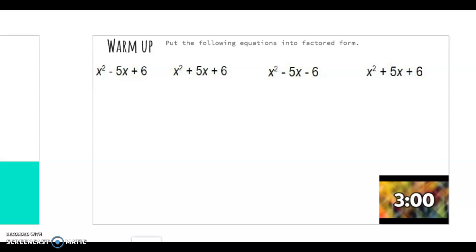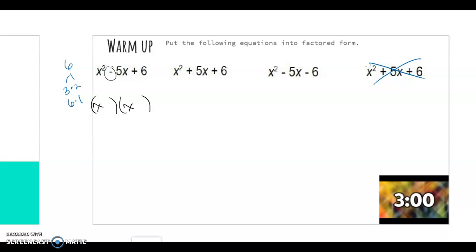So we have our 6, and I need to figure out factors of 6. Well, I know the factors of 6 are 3 and 2, and 6 and 1. So now I can figure out what could be in my parentheses. Always have x first. Well, let's see.